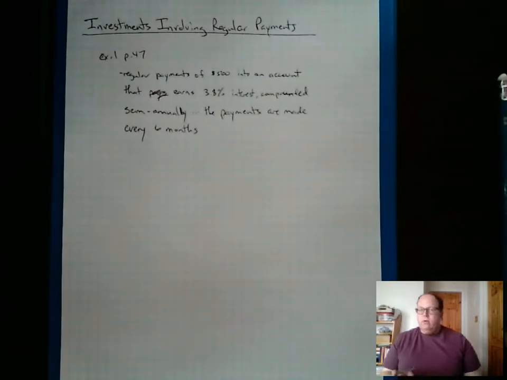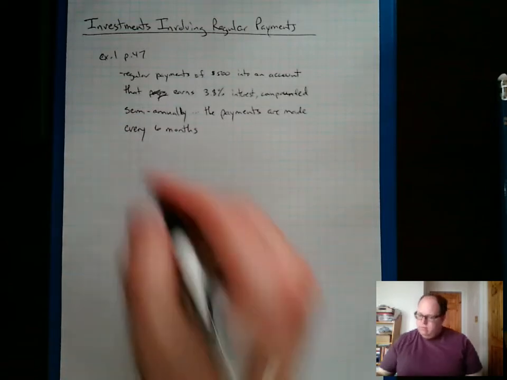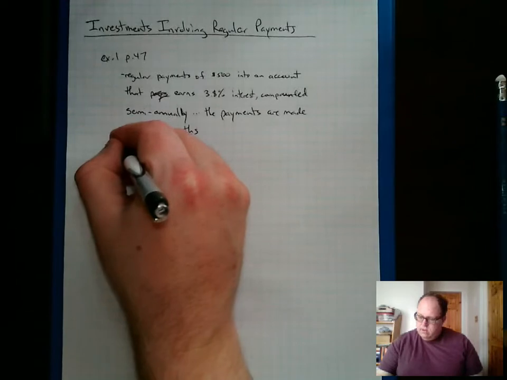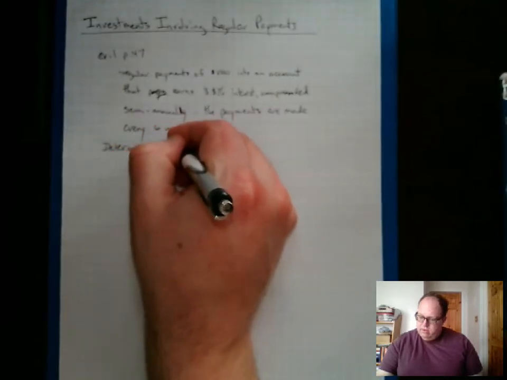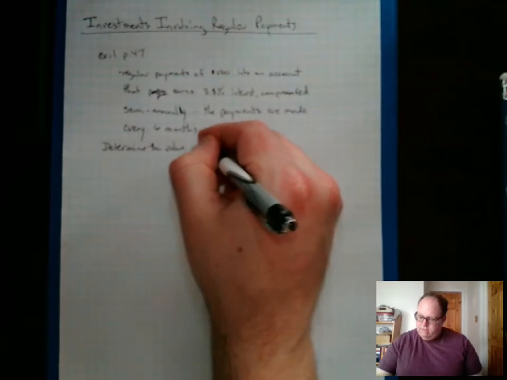All right, so in this particular case, you can't just use the compound interest formula on its own because not every $500 chunk is going to go through the same investment term. So the first $500 gets put in, and we determine the value after 5 years.